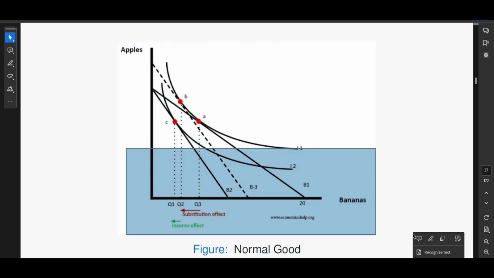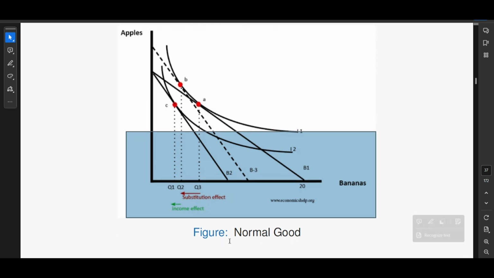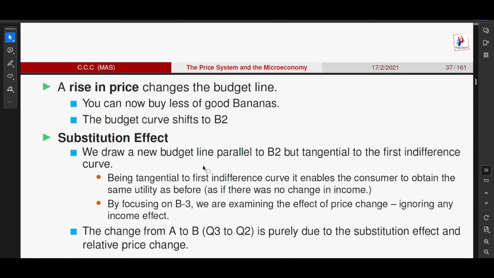It's easier to see how a good is normal in that both effects are moving in the same direction, which means as this person's income became less, they chose to consume less banana, which means in this case banana is a normal good. Okay.